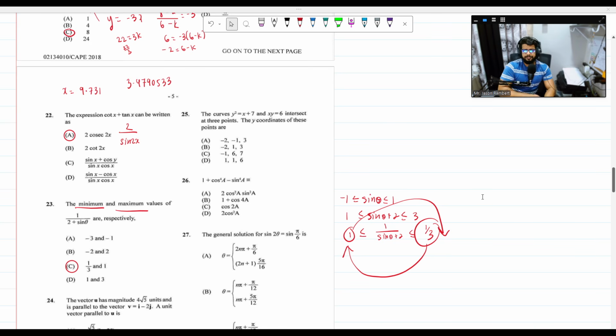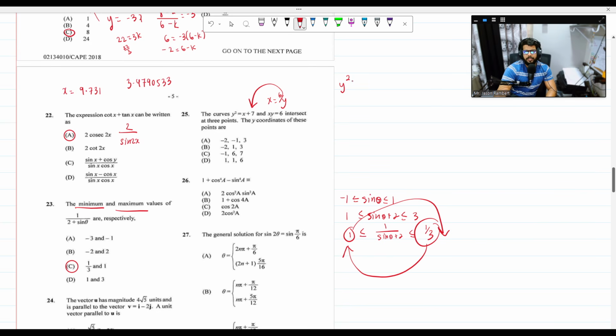The curves intersect at 3 points. The y-coordinates of these points are found from simultaneous equations. In these simultaneous equations, I want to solve for y first, because that's what the question is asking me for. So I'm getting rid of all the x's. x is equal to 6 over y, and I'm substituting that in here.